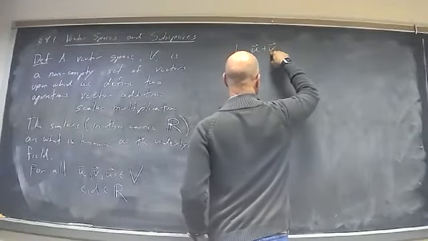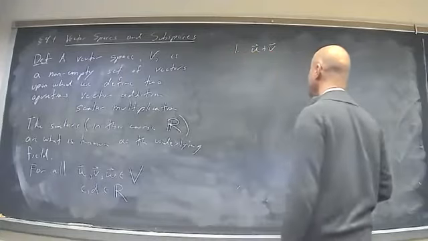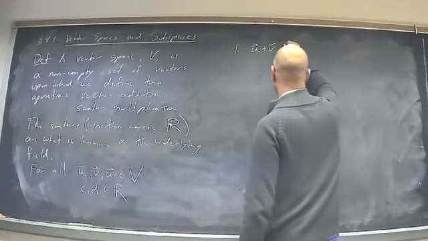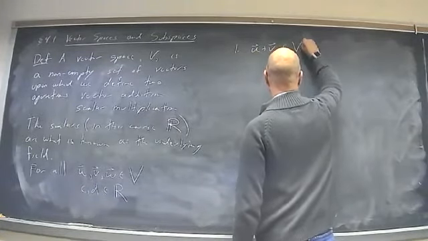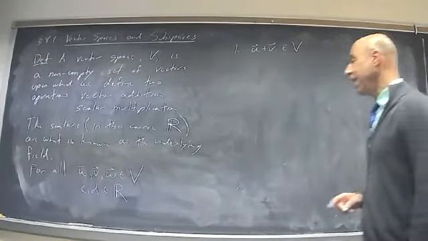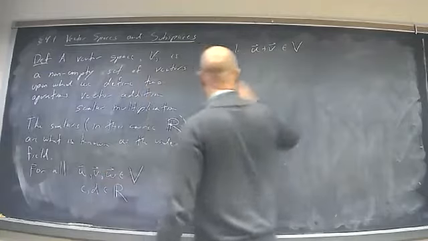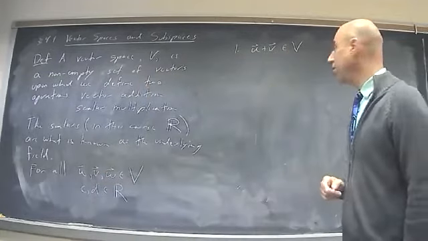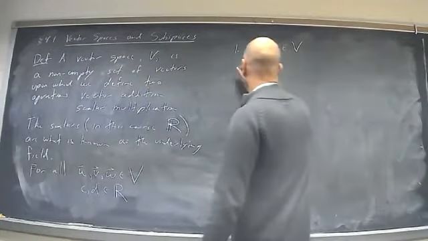If you take two vectors and you add them, you end up with another vector in your vector space. So if two vectors, U and V, are in your vector space and you add them, you end up with a vector in your vector space.